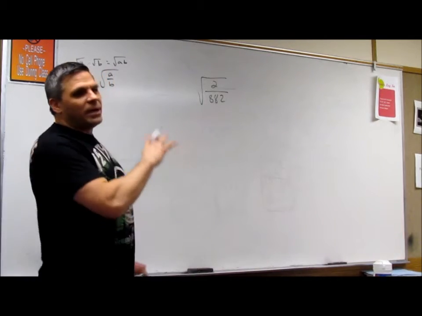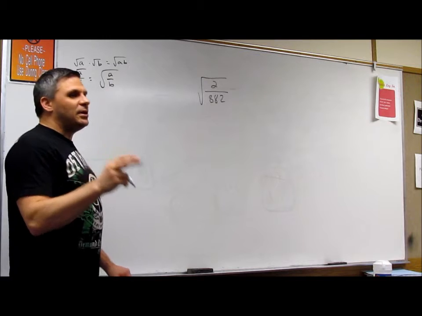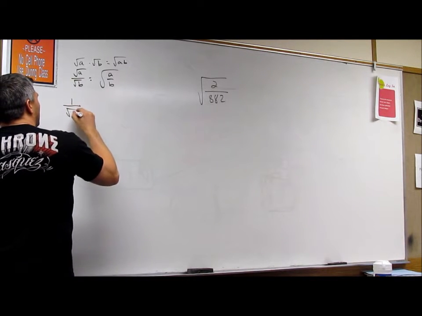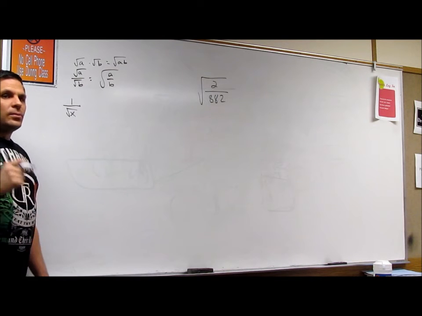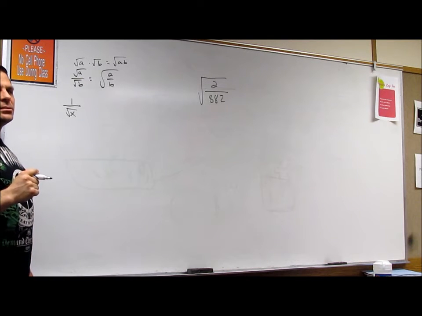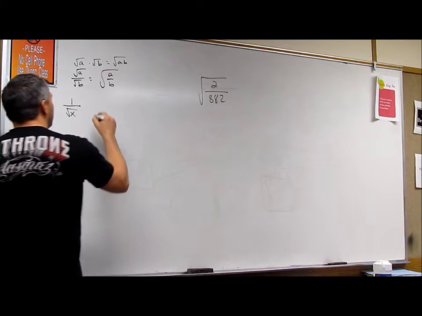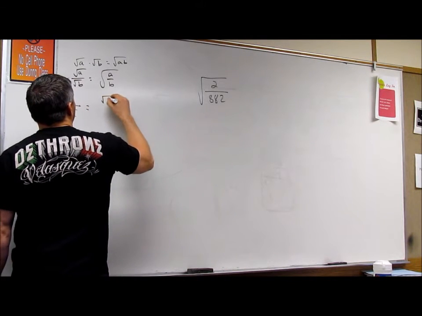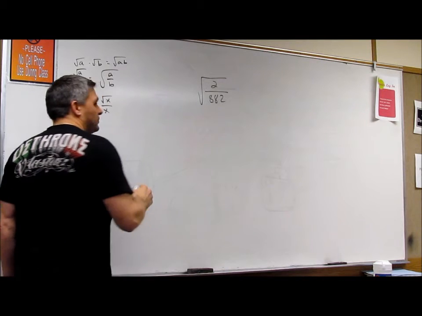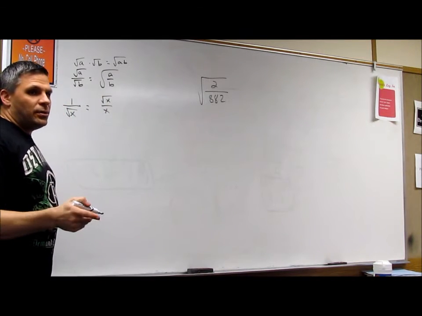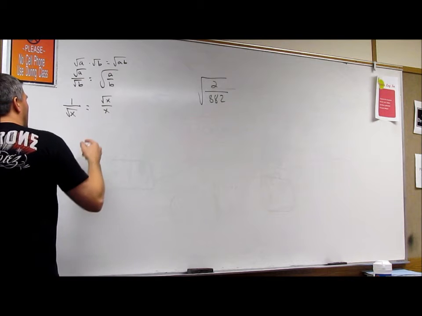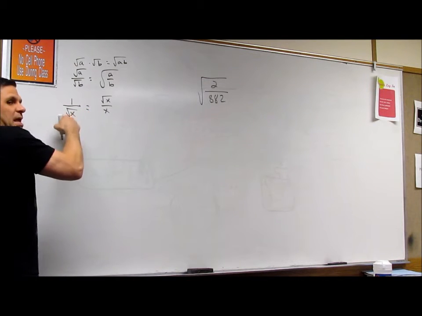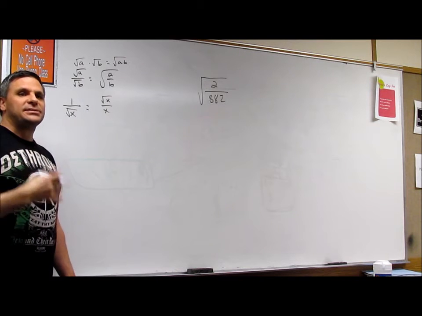But before I start messing around with it, 2 rules you have to know. 1, one over the square root of x is really equal to the square root of x over x. Okay? The reasoning is when we have this, we can't have square roots in the bottom as an answer.